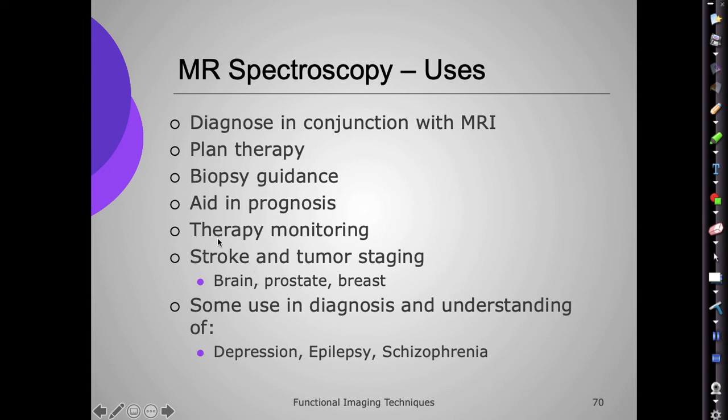It's good for monitoring therapy, either chemotherapy or radiation therapy. It's helpful for staging stroke or tumors, specifically in the brain, prostate, or even in the breast. And sometimes it's used to diagnose and understand disease processes like depression, epilepsy, and schizophrenia.